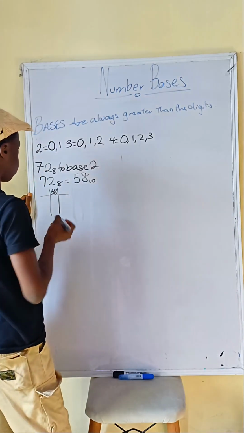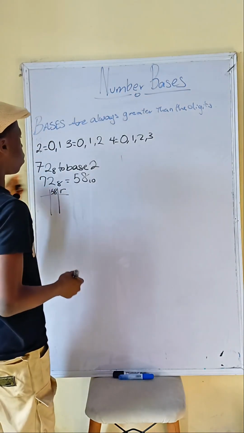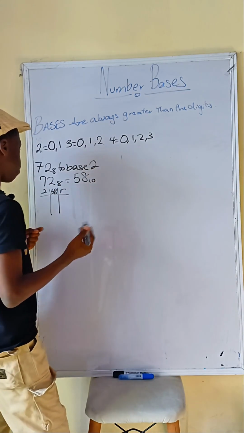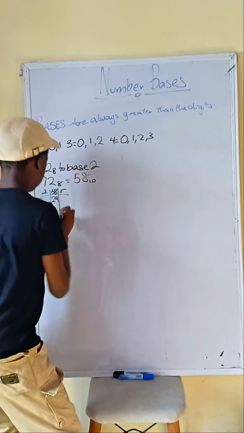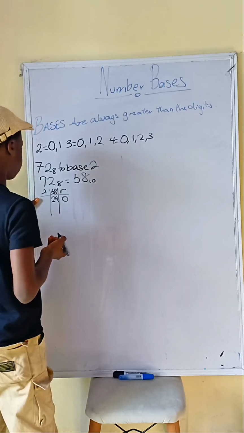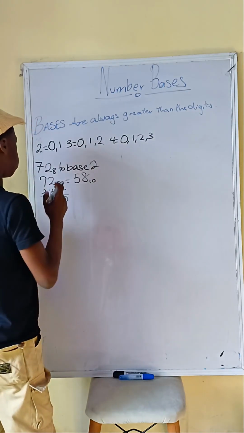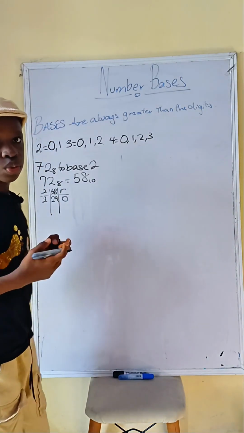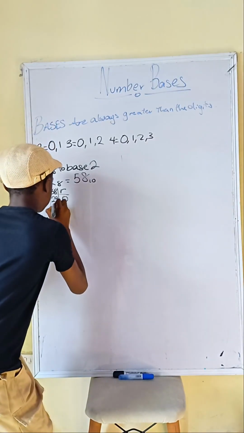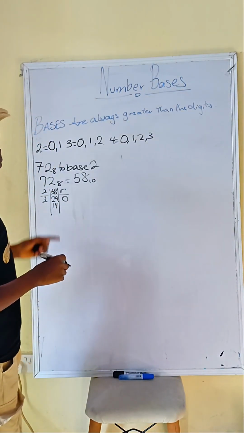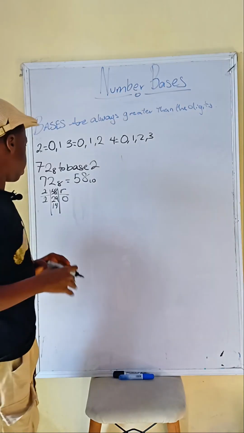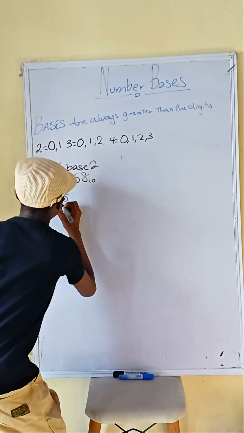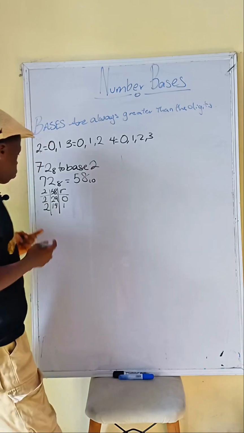58, remainder, and what are we changing it to? 2. So 58 divided by 2 is 29. Remainder 0, because 2 times 29 is 58. Okay, so 29 divided by 2 is 14. 2 times 14 is 28. 29 minus 28 is 1.